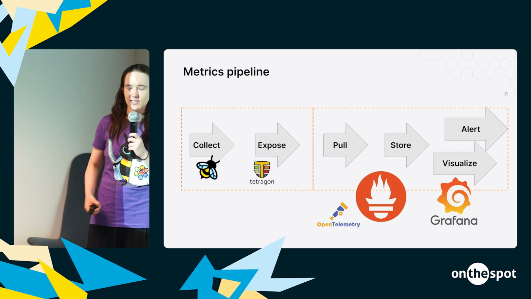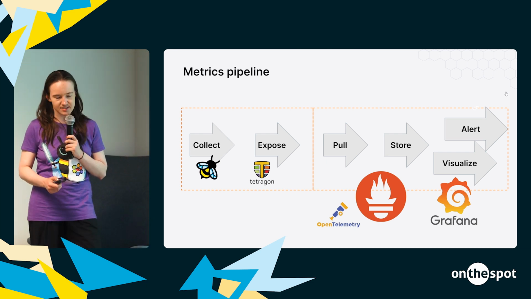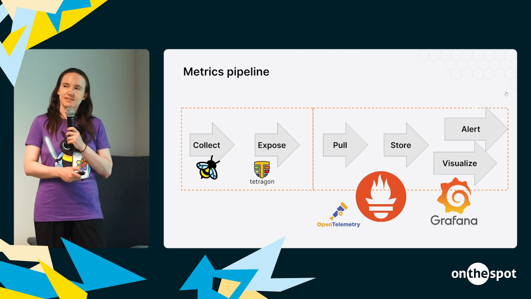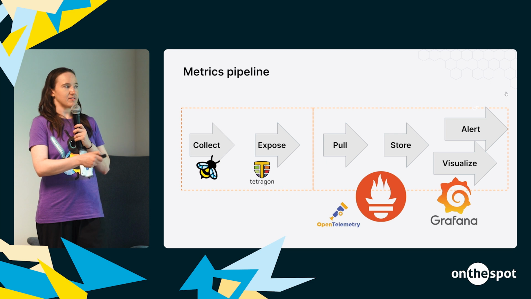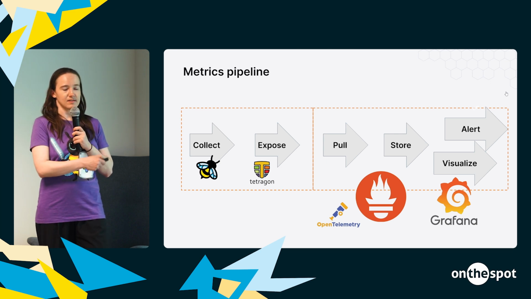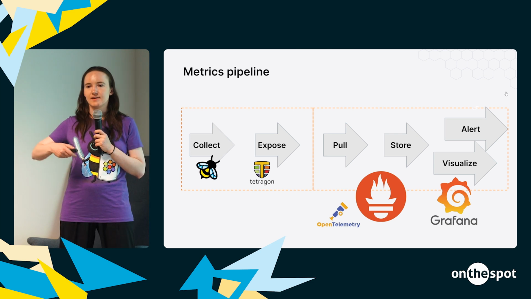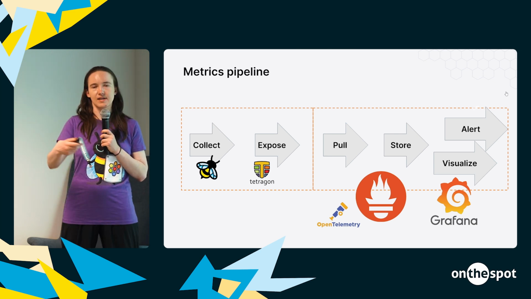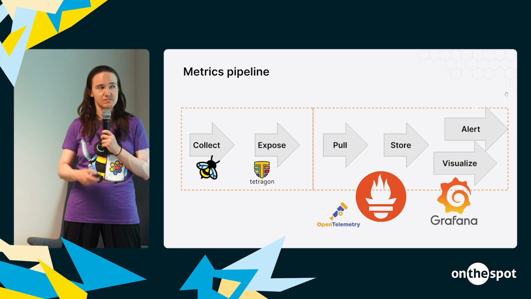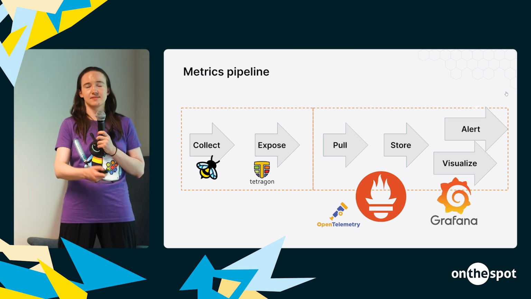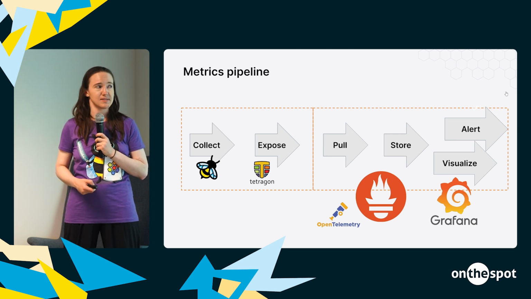That we instrument the application to collect and expose the metrics. But because we use eBPF and aggregate data in eBPF, we sort of separate these two steps. So the collection part happens in the kernel, and the Tetragon agent does only the exposing part. The Tetragon agent reads metrics from the eBPF map when Prometheus scrapes them, and just sends them to Prometheus.